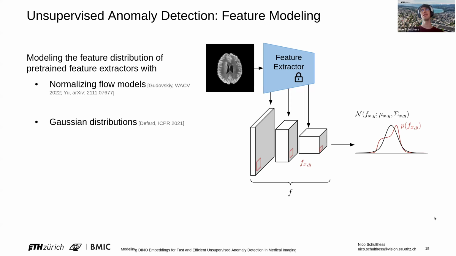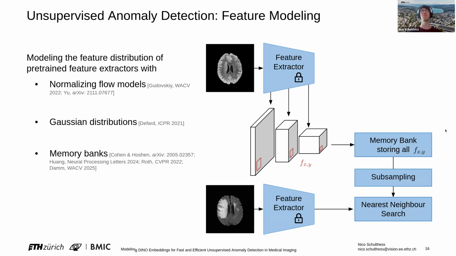Then similarly, but a bit simpler, there is one paper where features on a patch level are extracted, and for each patch, a Gaussian distribution is fitted to the patch feature distribution. And lastly, there are memory bank methods, where the distribution of the patch features is not explicitly modeled, but all of the features are stored in a big memory bank.